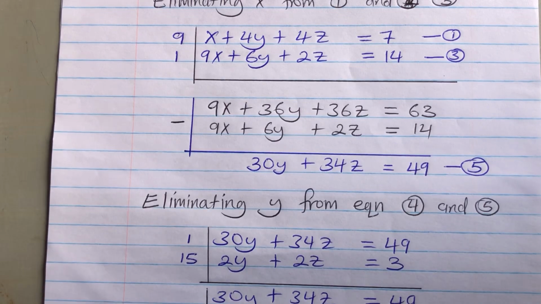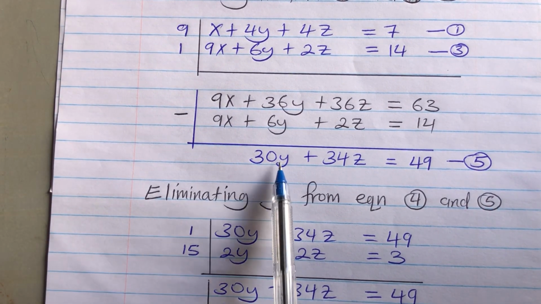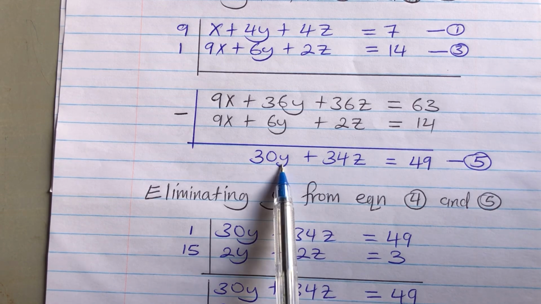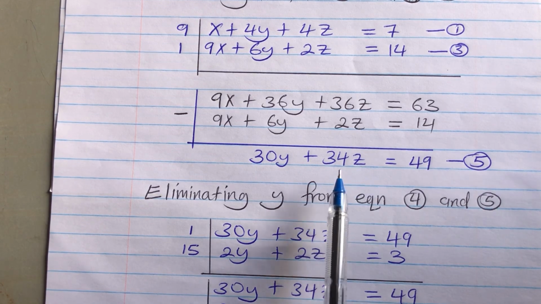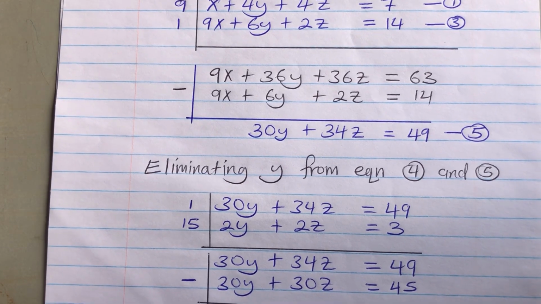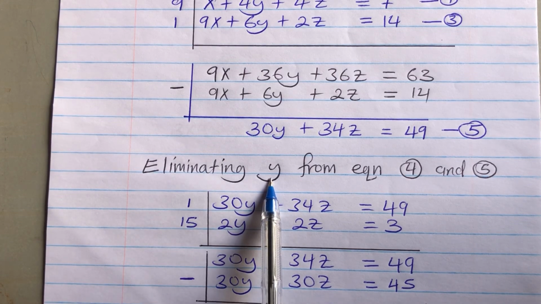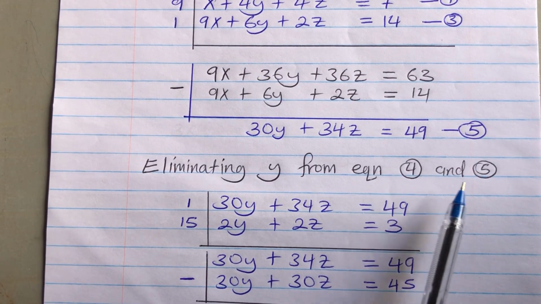So we are going to choose still one of the two, either y or z, to eliminate, considering the two newly formed equations 4 and 5. So for this case, we are eliminating y from equation 4 and 5.